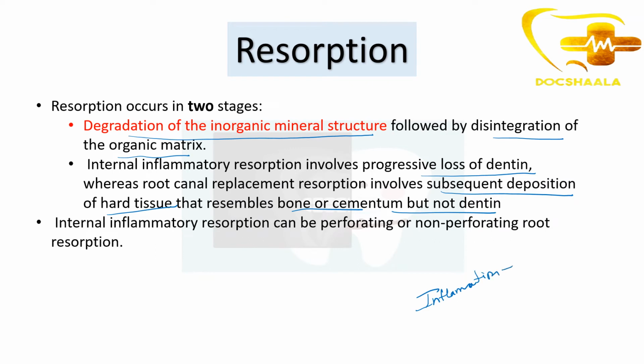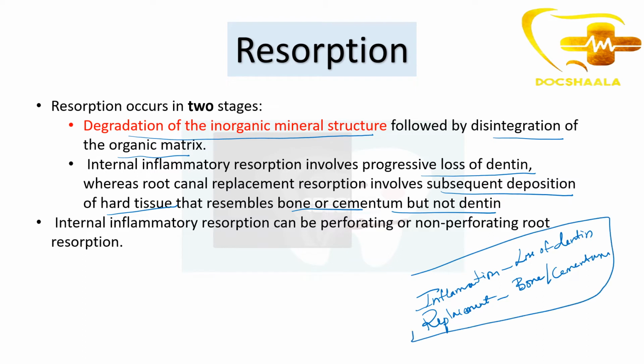Dentin is lost in inflammatory resorption, whereas the replacement type involves replacement of the dentinal tissue with bone or cementum. So this is very important, you have to keep this in mind. Internal inflammatory resorption can be perforating or non-perforating root resorption.